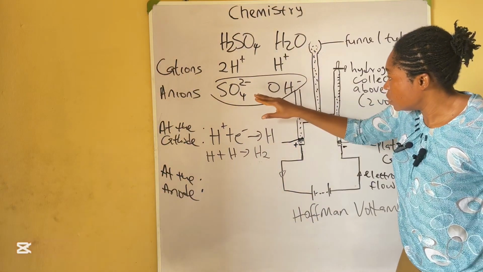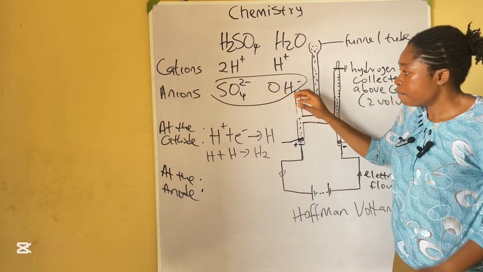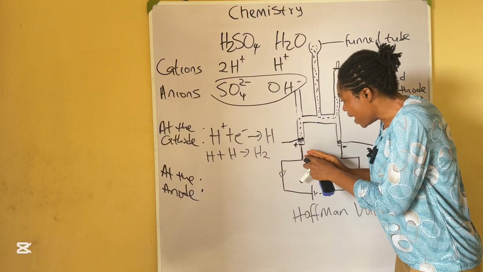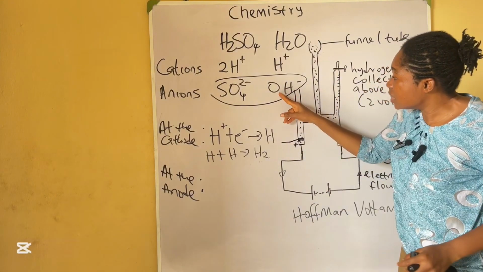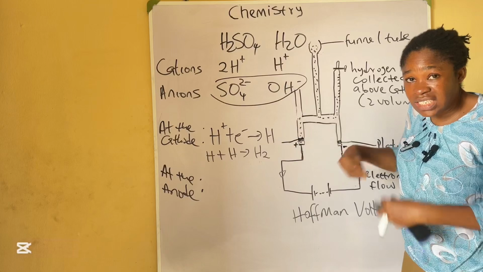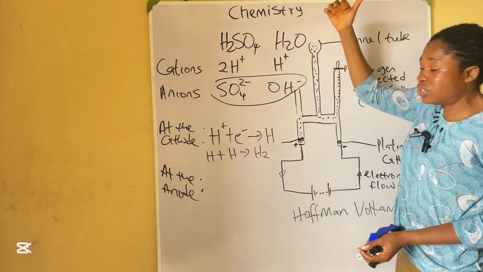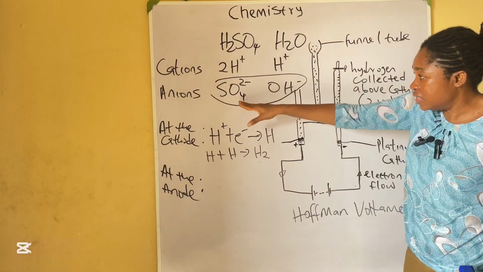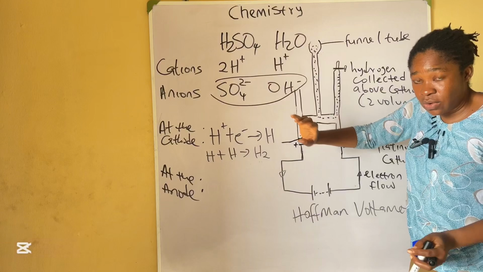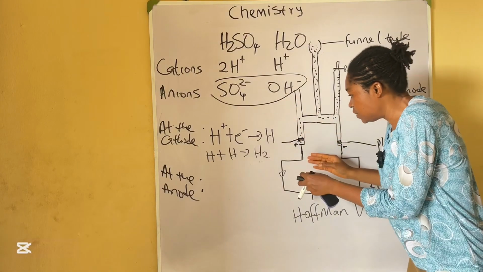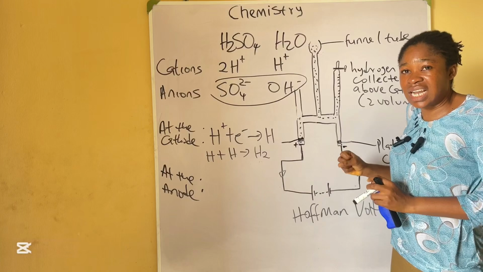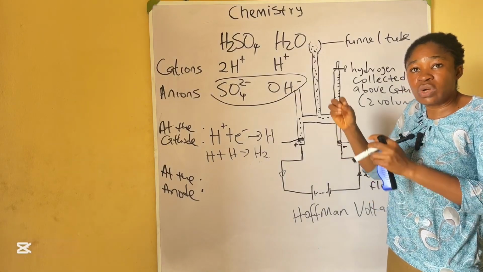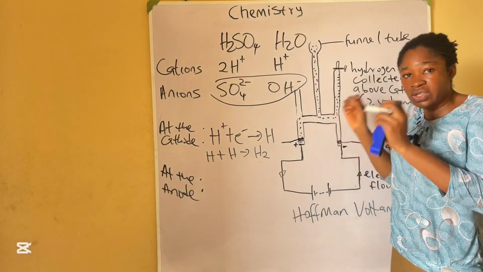Sulfate ion and hydroxide ion are going to migrate to the anode, where this hydroxide ion will be preferentially discharged because it's higher in the electrochemical series than the sulfate ion for the anions. So anytime OH minus is preferentially discharged, oxygen gas is what is produced. That's the product we get there, oxygen gas.